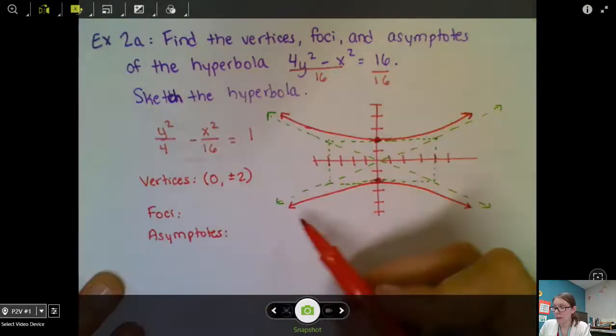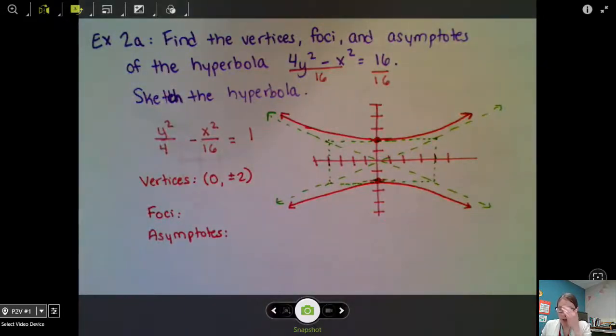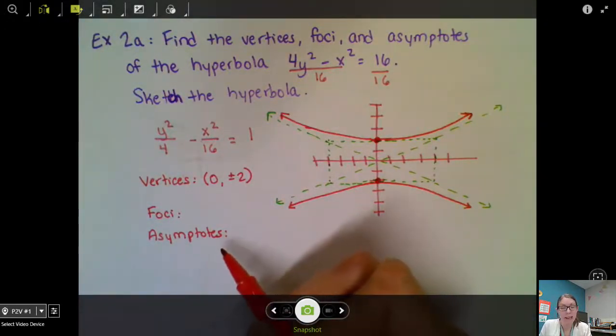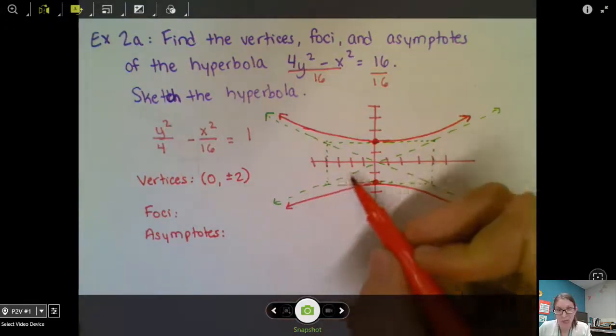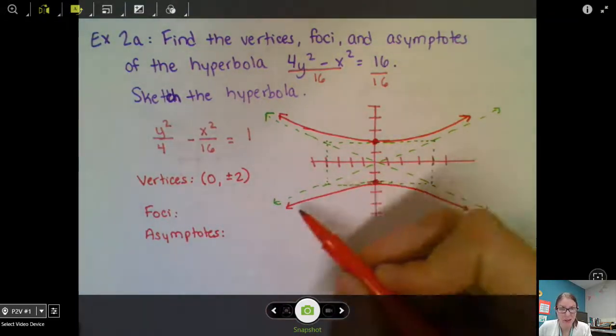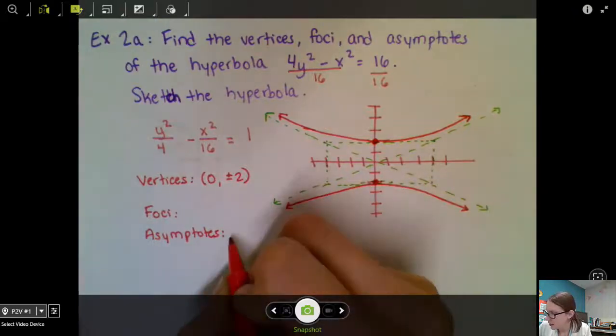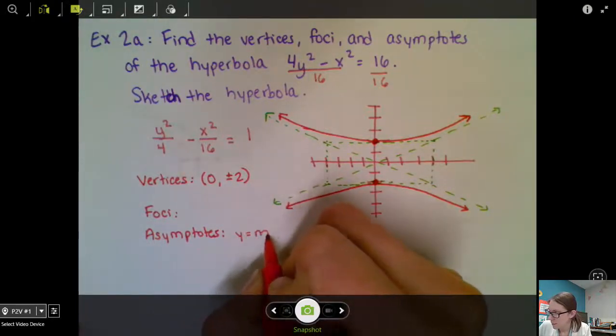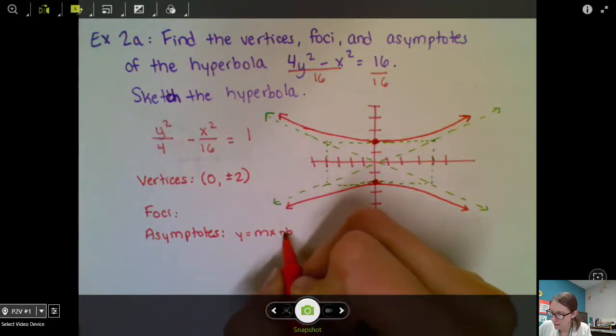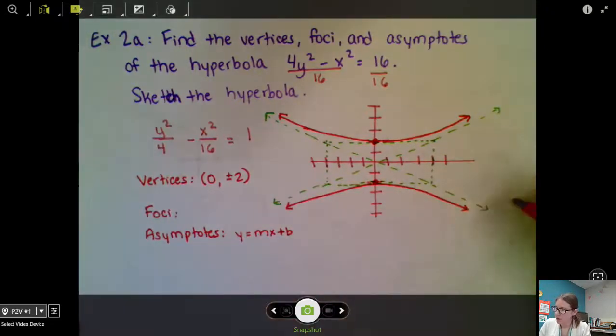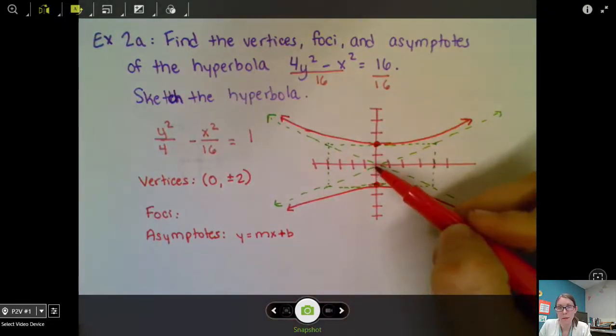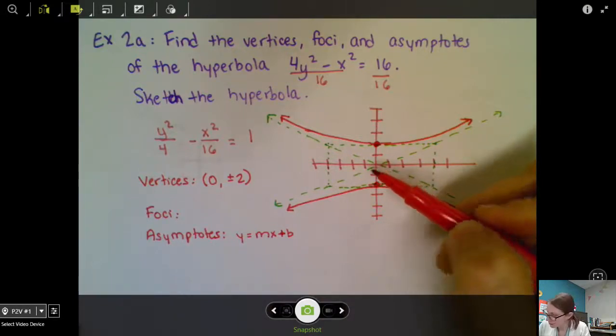Okay, well, while we have our asymptotes drawn in, we might as well figure out how to write those asymptotes. These asymptotes are just lines. So let's think, how do we write the equation of a line? y equals mx plus b. And since our hyperbola is centered at the origin, our y-intercept is 0.